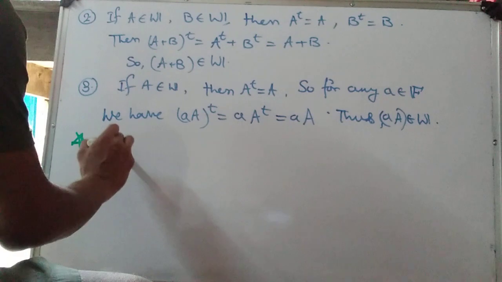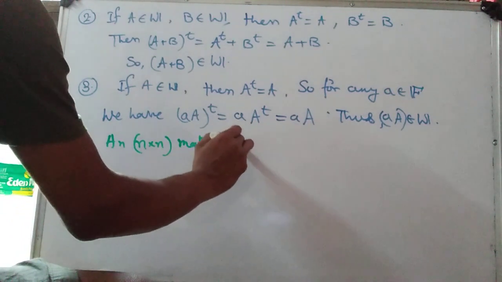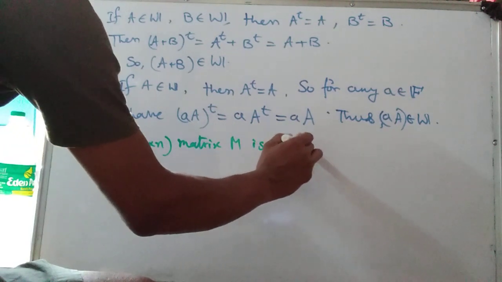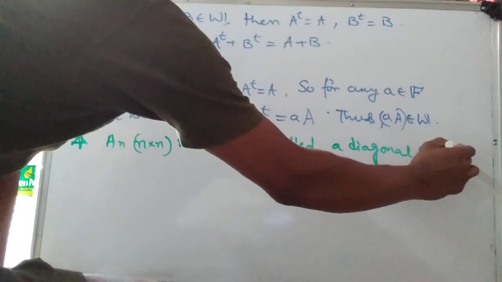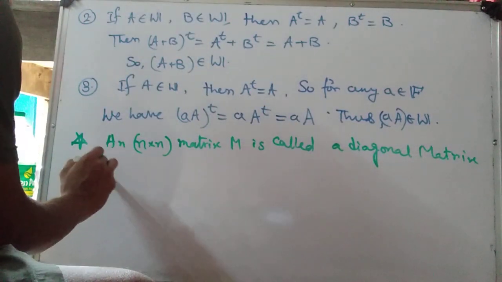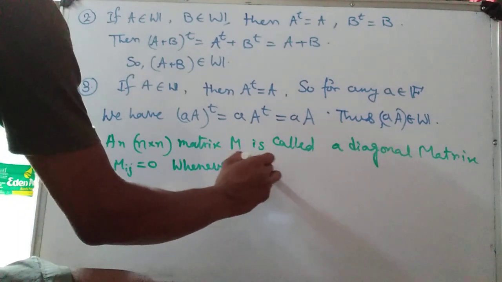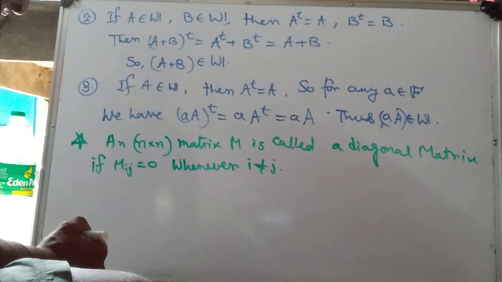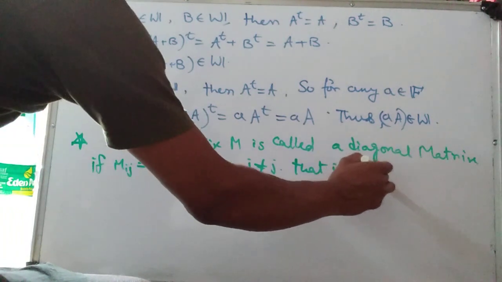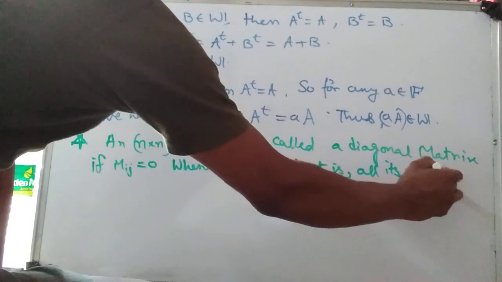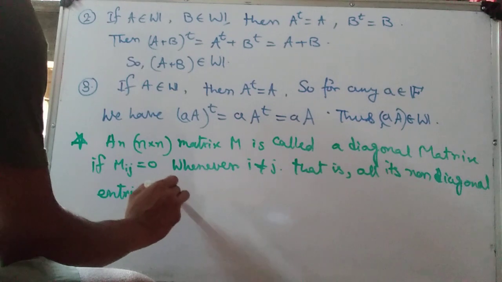An n cross n matrix M is called a diagonal matrix if Mij equals 0 whenever i is not equal to j, that is, all its non-diagonal entries are 0.